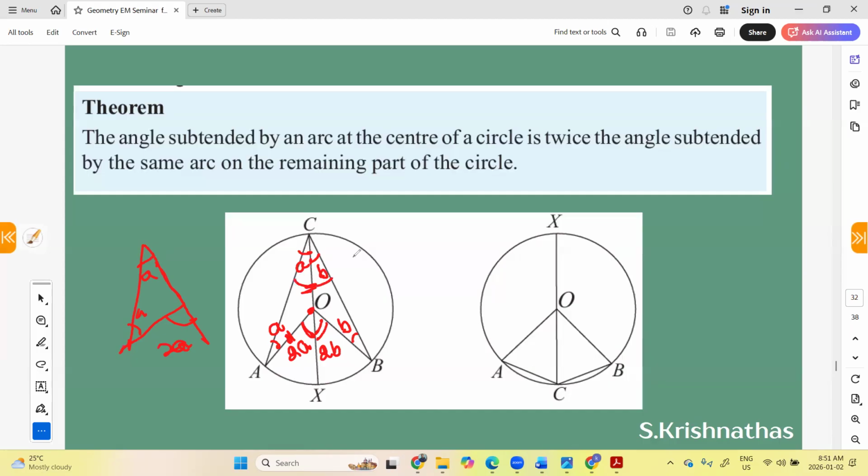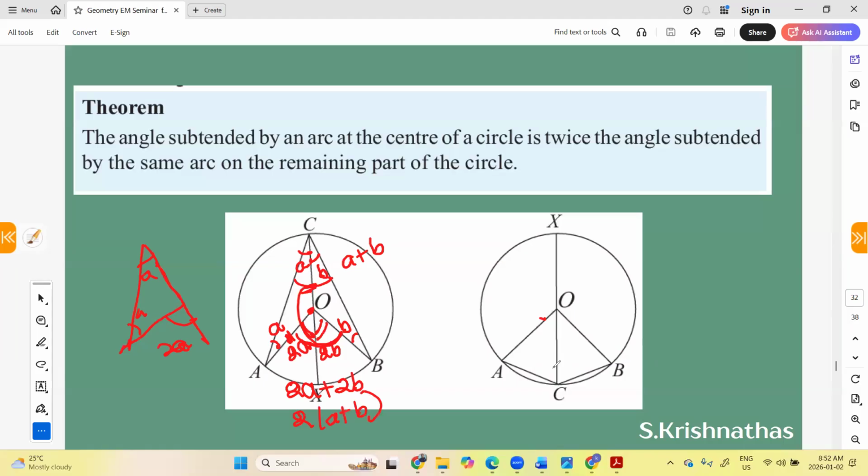Totally, this one is A plus B, and this is 2A plus 2B. If you take out 2, it is 2 times A plus B. So the arc subtended angle at the center is twice the angle subtended in the remaining part of the circle. Right? The same thing.